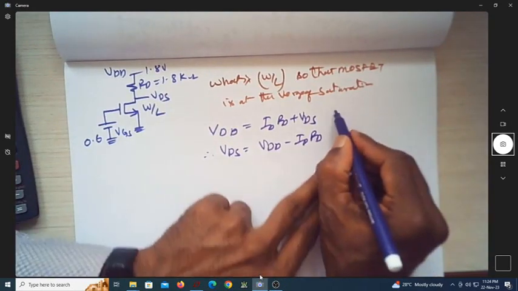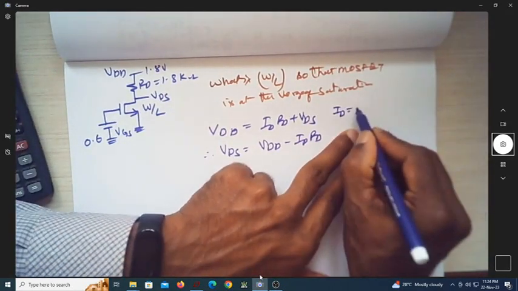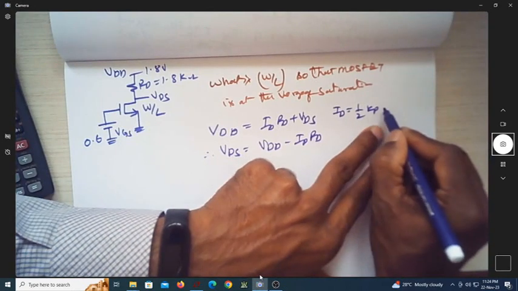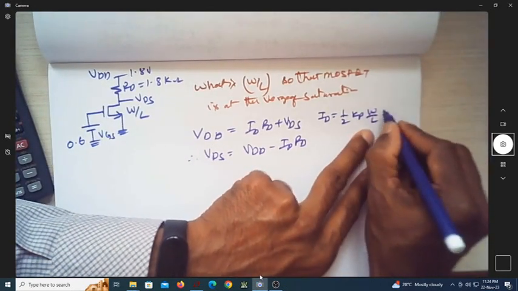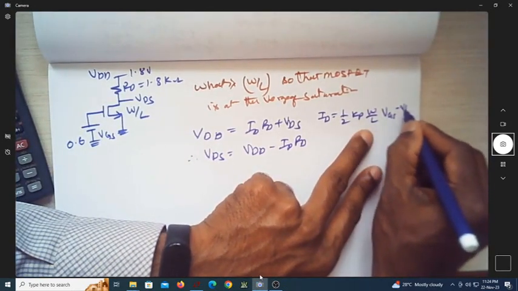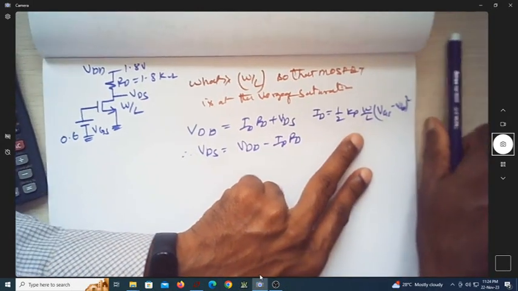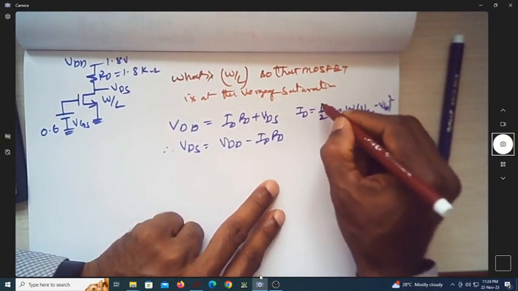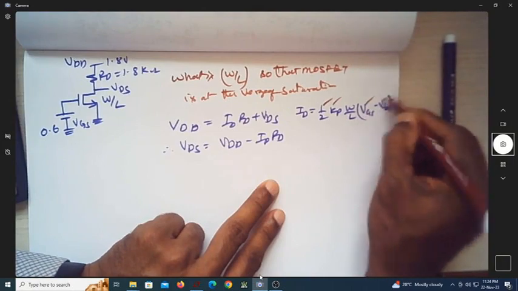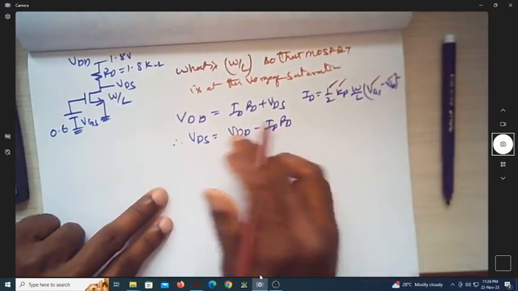But what is ID? ID is equal to half Kp W by L (VGS minus VTO) whole square. I know these parameters, but I don't know W by L, so let me substitute it here.